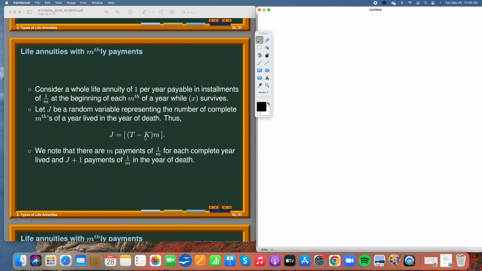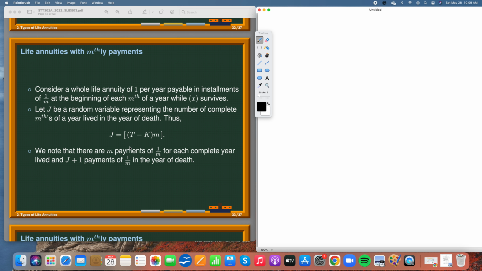We subtract K from it, so what is left is the fractional part of the year lived by the individual in the year of death. We multiply that by m and get its greatest integer value. That gives us the number of complete m-ths of a year lived in the year of death.